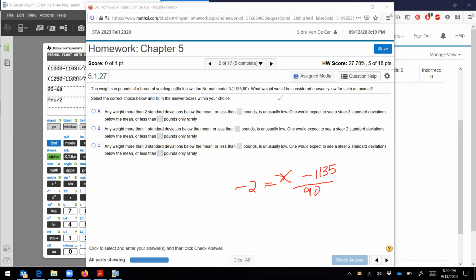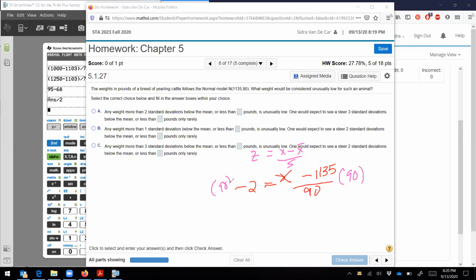So again, what I'm doing here is I'm saying z equals my score minus the mean over the standard deviation, and I'm plugging in. So the z I want, to be unusually low, would be 2 or more, so -2. I want to know the score. The mean is 1135. My standard deviation is 90. So I'm going to multiply both sides by the 90.